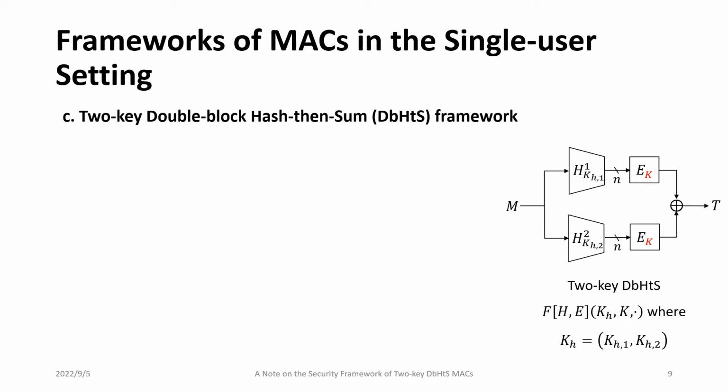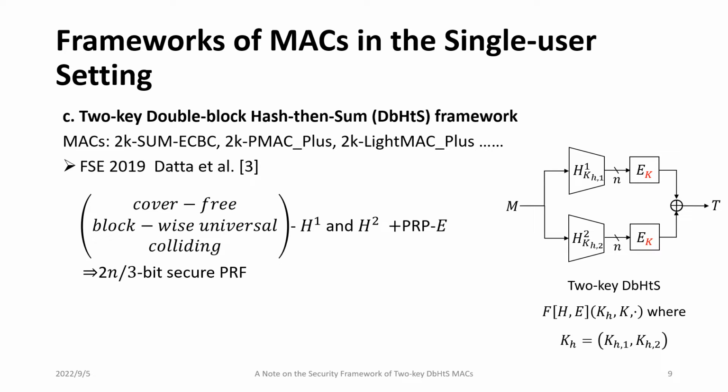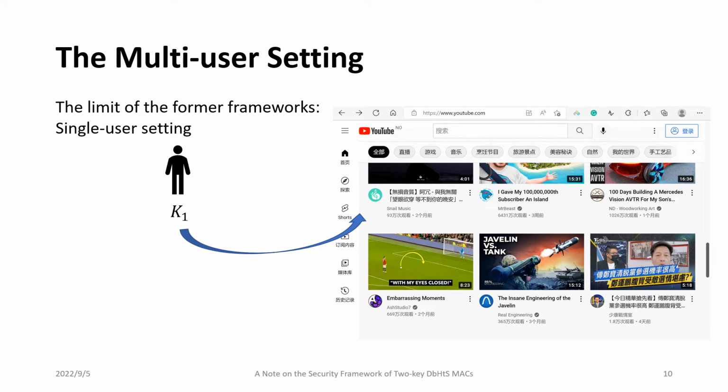At FSE 2019, Datta et al. proved when the two block ciphers use the same key, if the two hash functions additionally satisfy a counter-based property compared to 3-key DbHtS, the framework also achieves 2n/3-bit security. They call the framework 2-key DbHtS. All the former frameworks are in the single user setting.